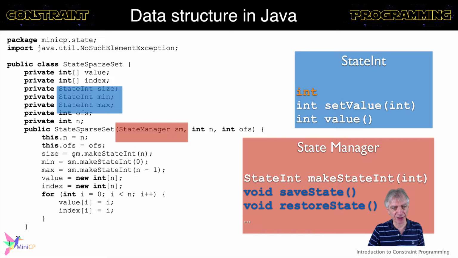When I have the size, I'm asking the state manager to make me a state int and give it the value n, my initial size of the array. But it can also do 2 more things: save the state and restore a state. Now, how do we save the domains? The only thing that we have to do is to save the size, the min and the max of every one of the domains. How do we restore the set of domains? We just restore the size, the min, and the max of every one of the domains. Very, very simple.